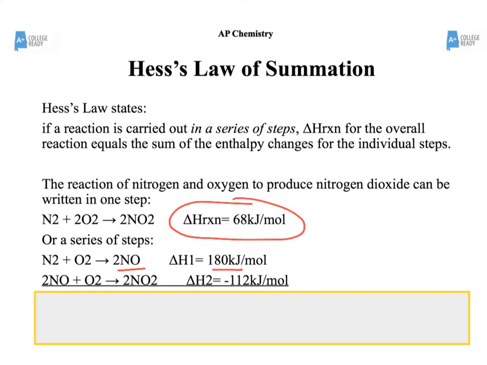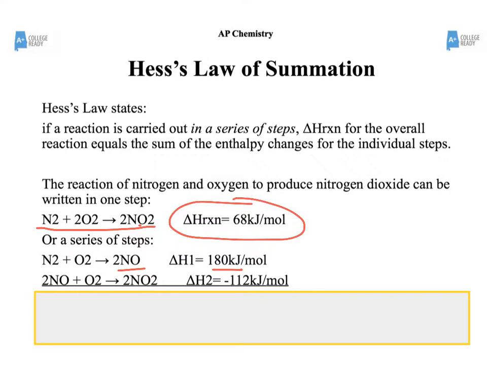So we can use these two step reactions to come up with this overall reaction of nitrogen plus oxygen giving us two nitrogen dioxides. And it's a lot like math. When you add two equations together, you just want your terms that aren't in the overall equation to cancel. And so let's see what we can do.